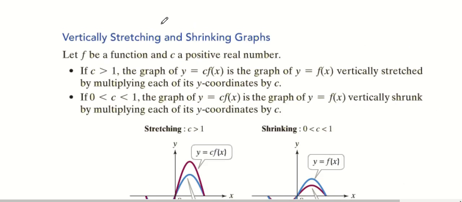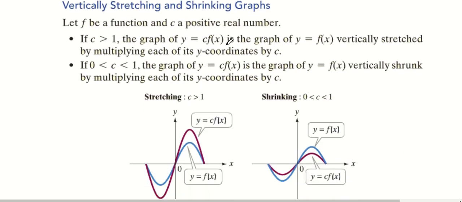So to summarize, this is what happens when you multiply on the outside of a function by a number. Let's just assume for a moment that c is a positive value. If c was negative, then you would have a combination of transformations, a stretch or a shrink along with some type of reflection that we saw previously. So let's focus on the stretching and shrinking behavior.